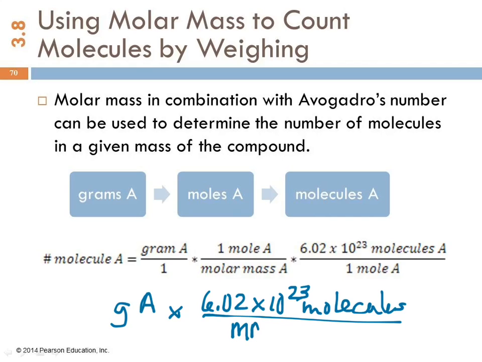It's sometimes called capital M, and that would be in grams. And so we can do that little shortcut. Basically what we're doing is putting the molar mass in here, but instead of 1 mole, we're putting in what it means, which is Avogadro's number. So if you like the shortcut, go ahead and use it. If it confuses you, don't.